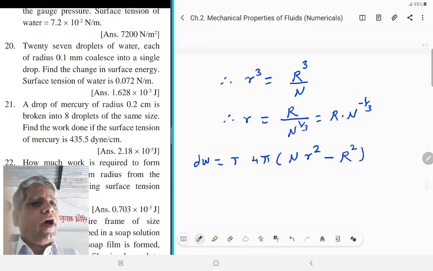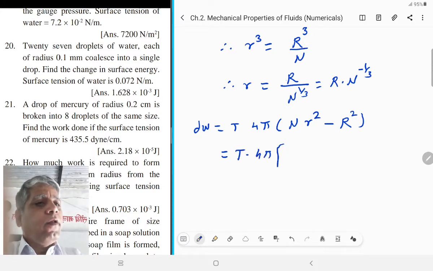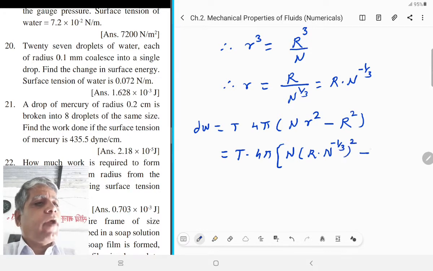Substitute the value of small r in this equation, we get T into 4 pi into capital N into small r means capital R into n raised to minus 1/3 bracket square minus capital R square.